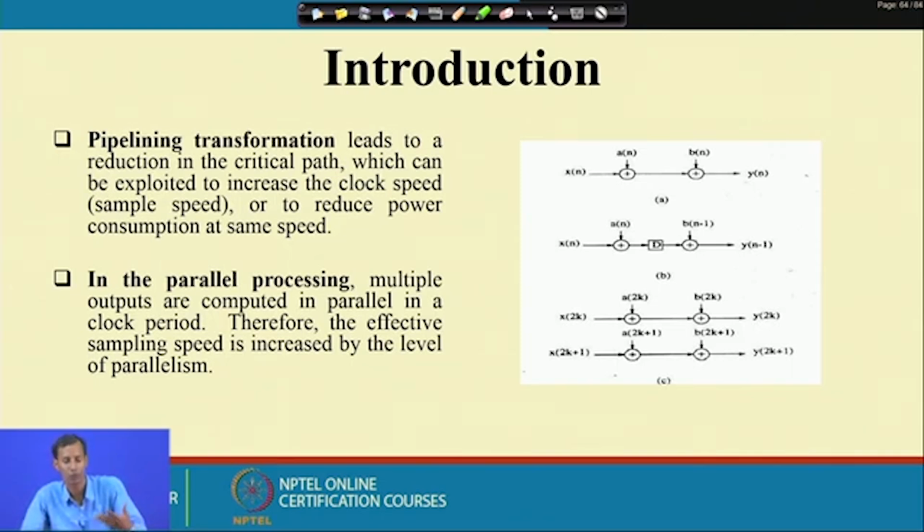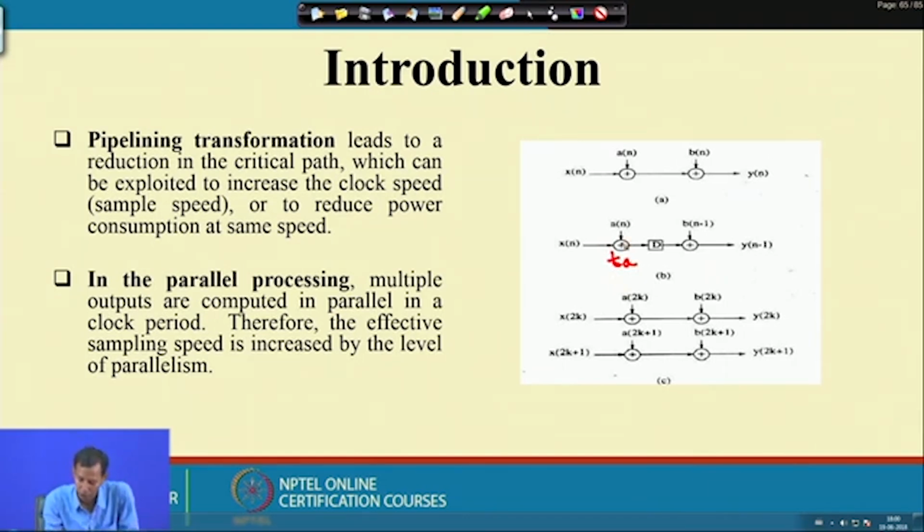So, at that time what will I do? If I put registers at the operator level, that means if I break this addition operation into 2 or 3 or 4, again I can reduce the critical path. If I consider over here, this is bounded by this adder delay.